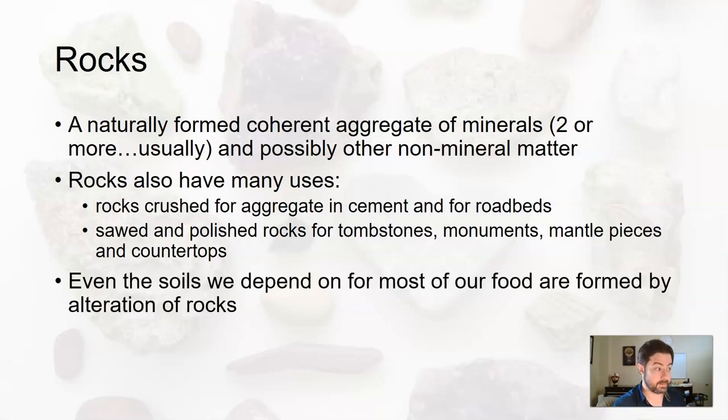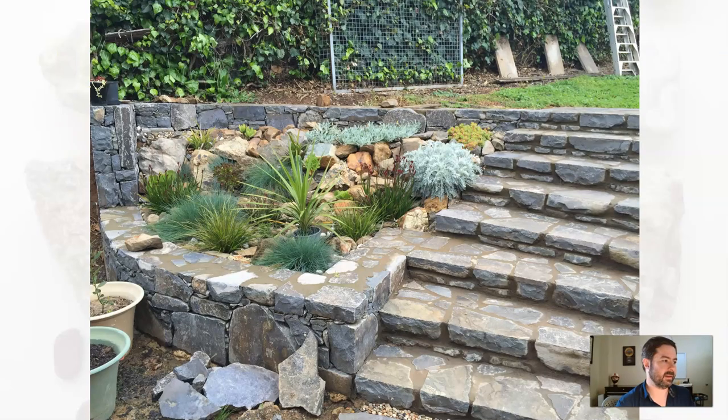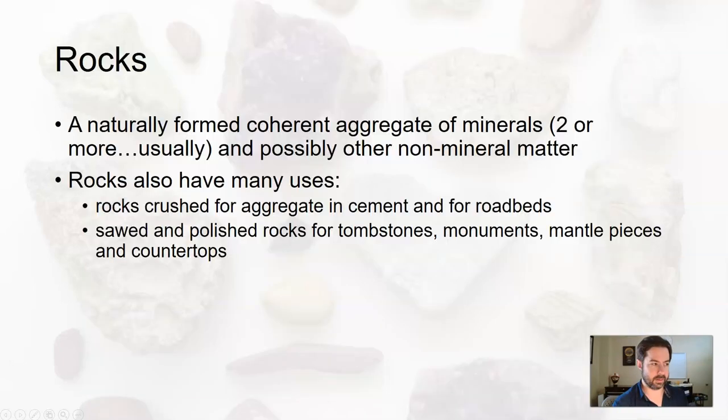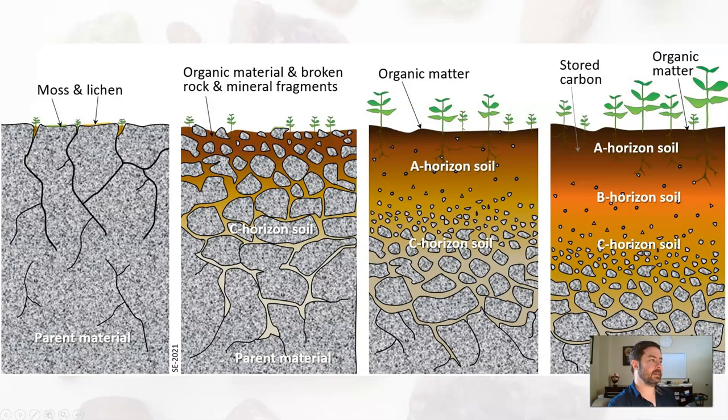Rocks are also a component of how we make soil. So even the soil that we depend on for all of our food is formed by the alteration of rocks. Even the soil that these plants are potted in is due in part to rocks. So how is that the case?